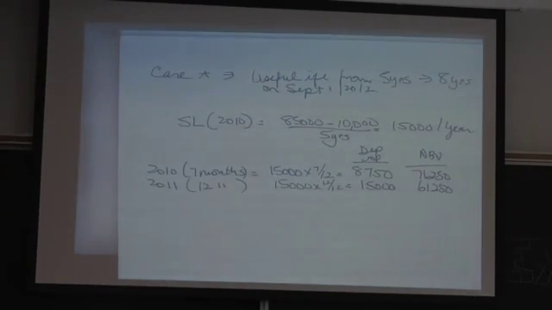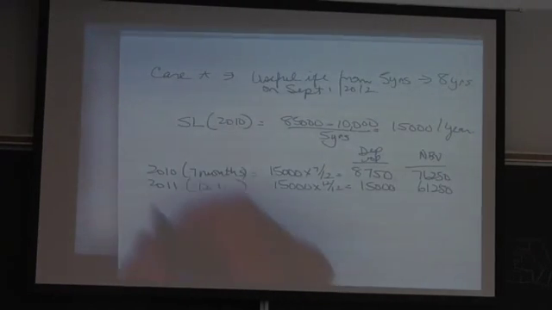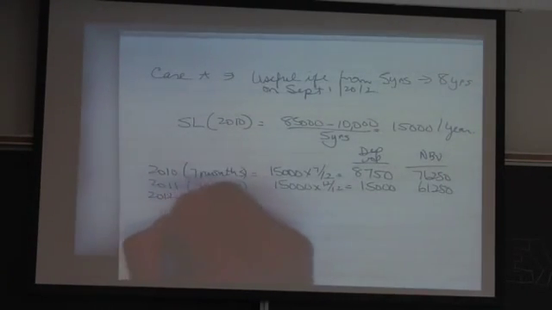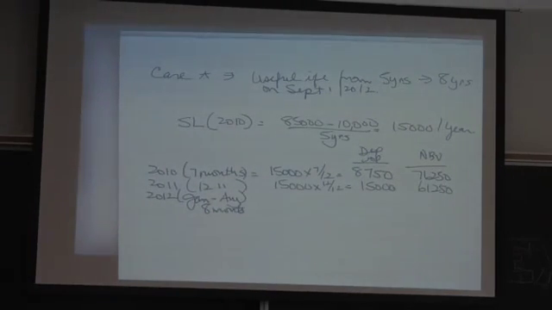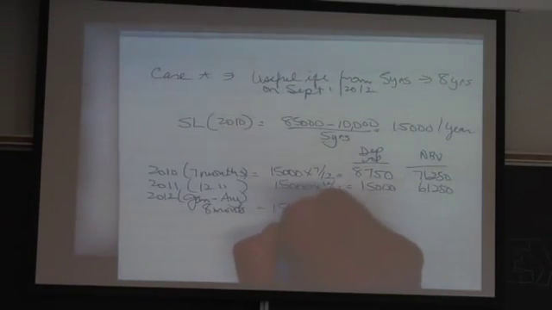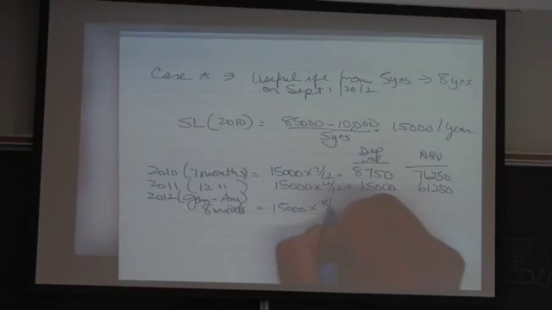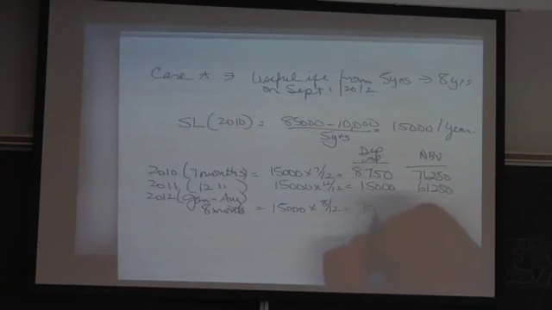Now, the change happens on September 1st. So what we've got to remember is in 2012, we need to calculate January to August, which is 8 months. The amortization expense for 8 months is 15,000 times 8 over 12, which gives me 10,000.